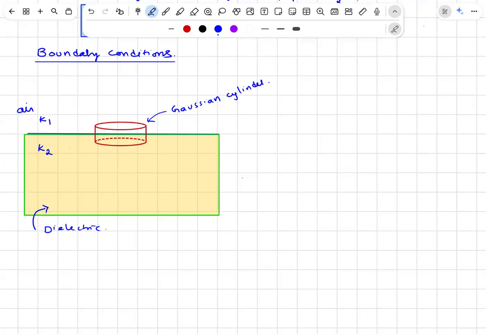That's a Gaussian cylinder. Above is dielectric constant K1, below is dielectric constant K2.